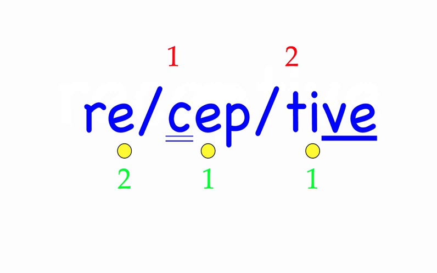Our final row 10. Perspective. Perspective. You've got to put all of this in perspective. Per has two sounds. P, er. Spec has 4 sounds. S, p, e, k. Tiv, 3 sounds. T, I, v. Perspective.